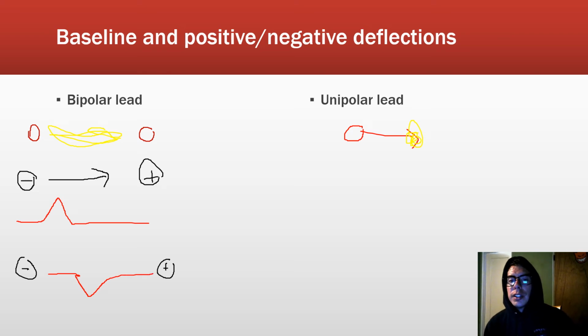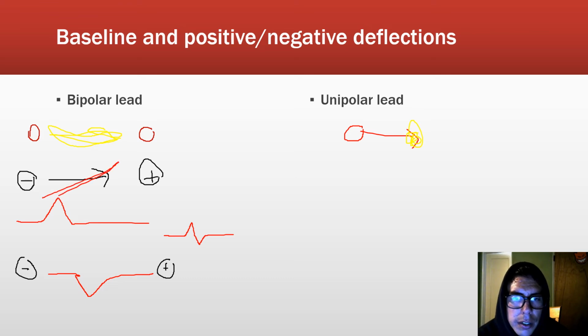If it goes at like a 90-degree angle, it will either not do anything, or usually it'll make a little biphasic, as we call, deflection, so up and down kind of. And if it's at an angle more like this, that's when you'll see it. It'll be a smaller complex, which complex means the whole deflection.